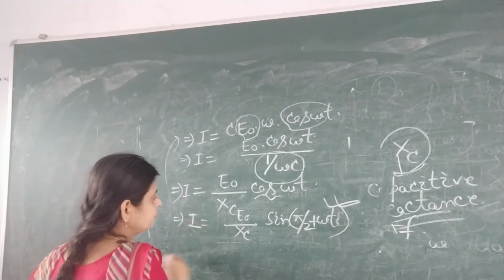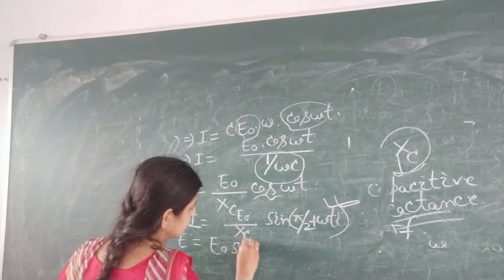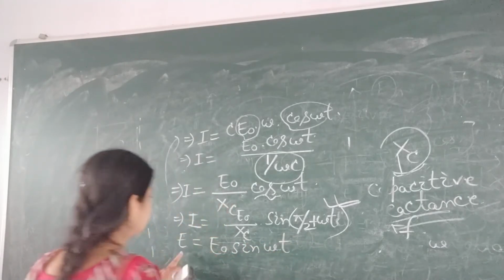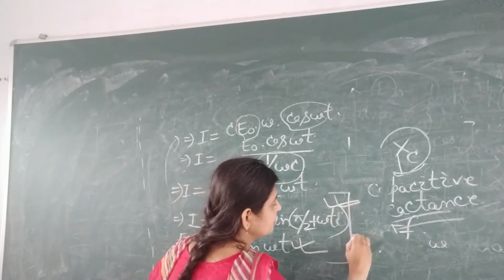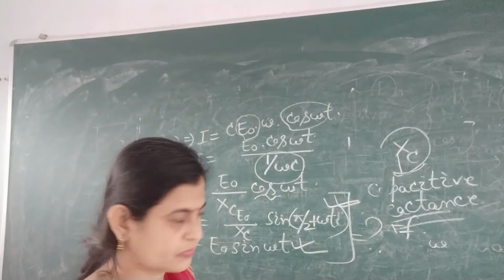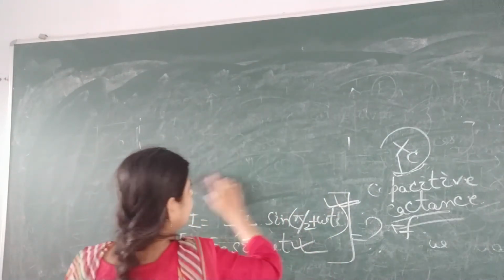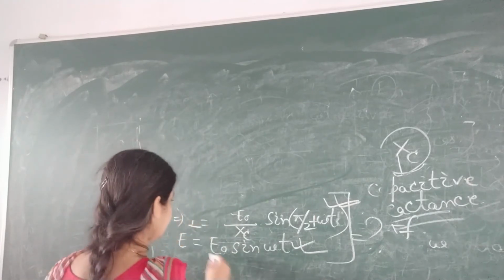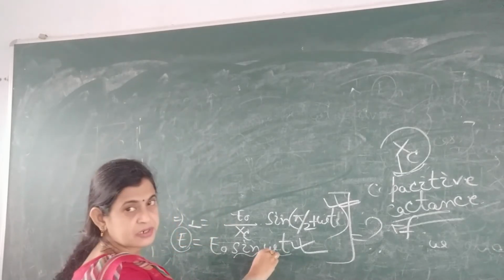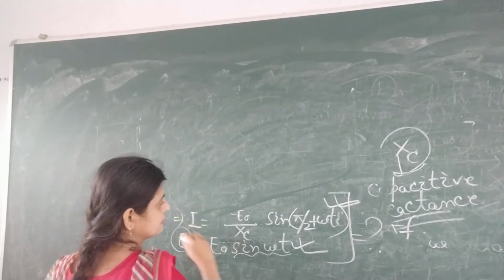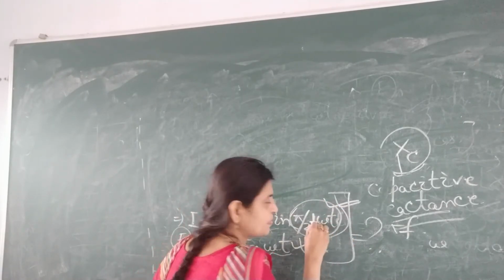Now, if we compare this equation with E is equal to E0 sin omega t, then what will be the conclusion? Here the voltage is the function of only sin omega t, and the current is the function of sin (omega t plus pi by 2).